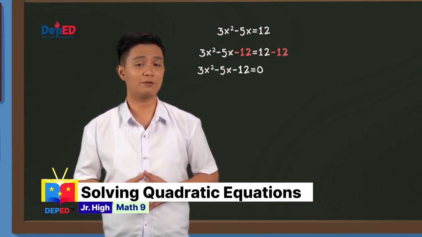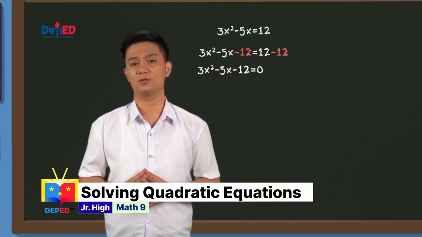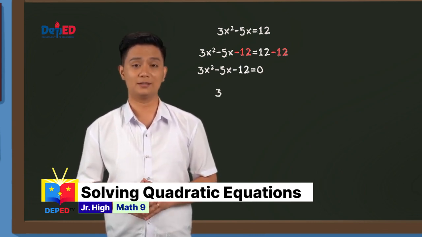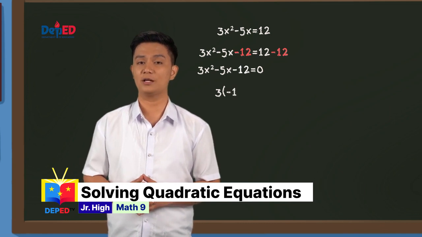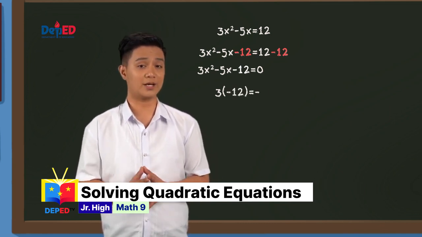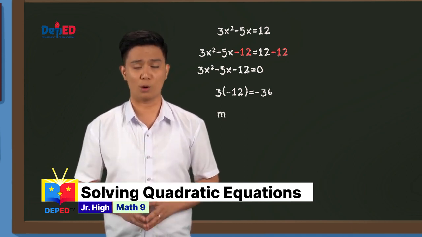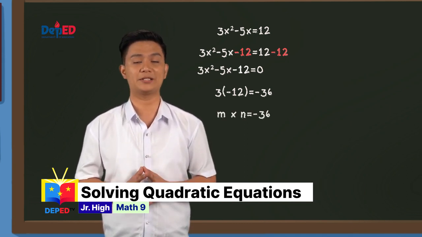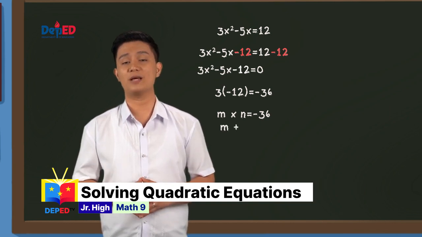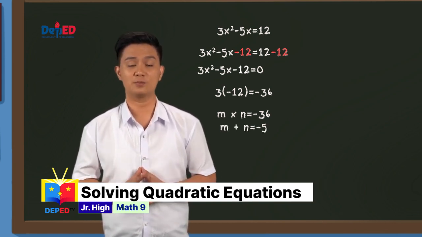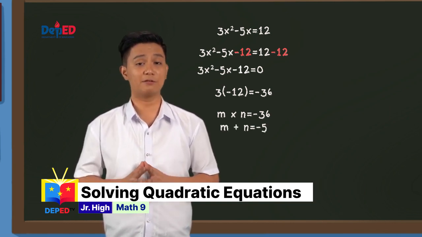So, how do we factor such a trinomial? We multiply 3, the leading coefficient, by -12, the constant term. Their product is -36. So, we have to think of two numbers whose product is -36 and whose sum is -5, the middle term's coefficient. Have you figured them out?